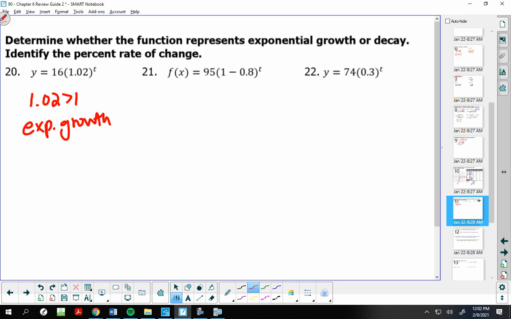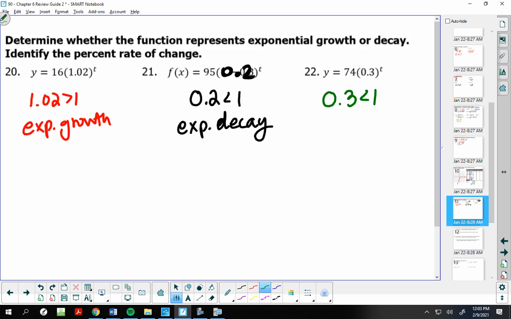If your number inside the parentheses is, and I actually believe that yours here says 0.2, right? And 0.2 is smaller than 1, which actually means that this is exponential decay. It's going to go down because it's 0.2. And here, 0.3 is less than 1, which is exponential decay.